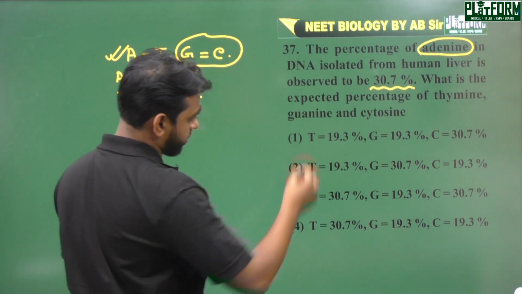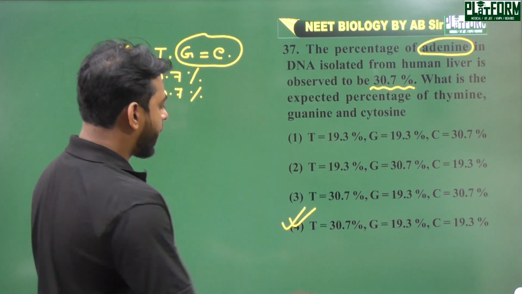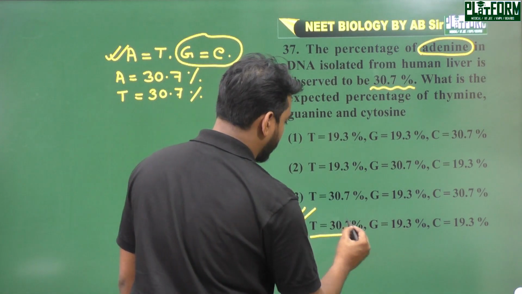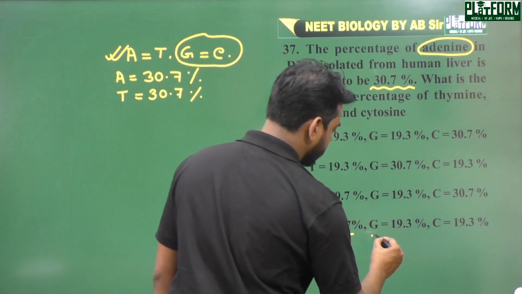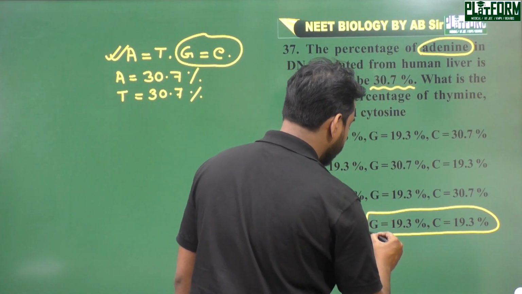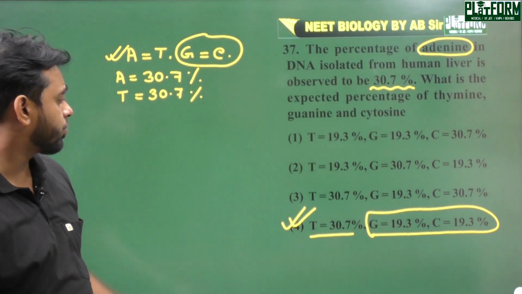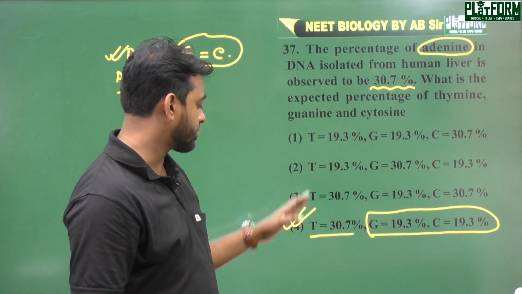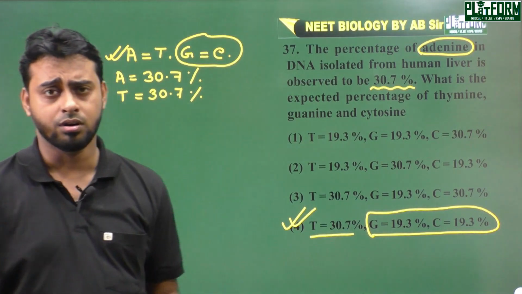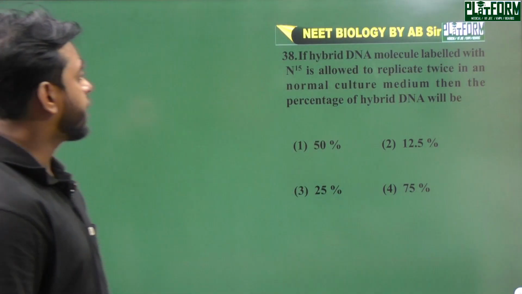So the correct answer will be option 4, where T is 30.7 and G and C are both 19.3%. Okay, so the answer will be option 4. Moving to the next question.